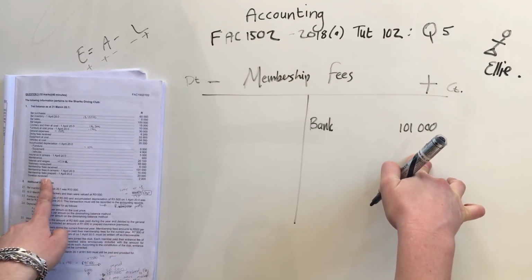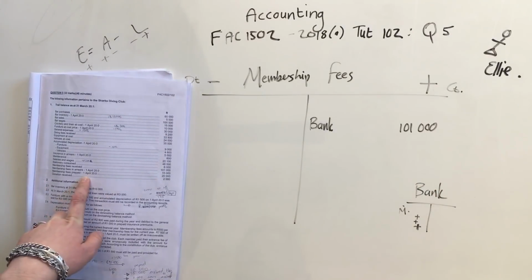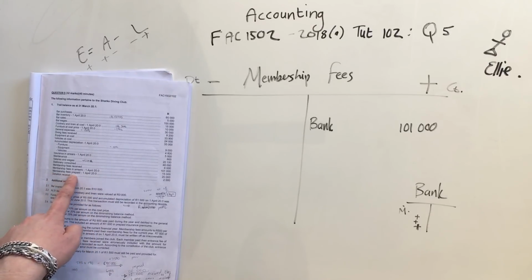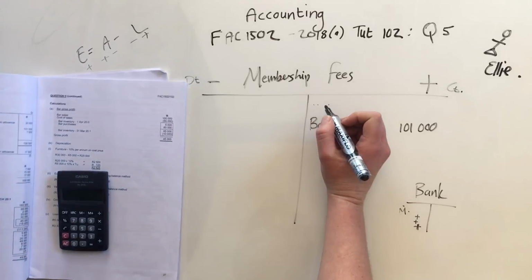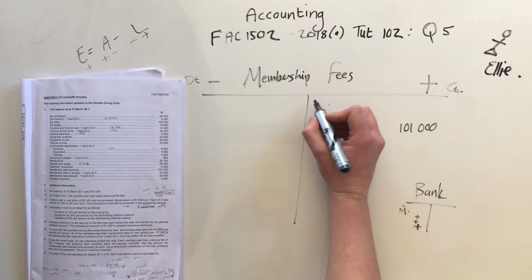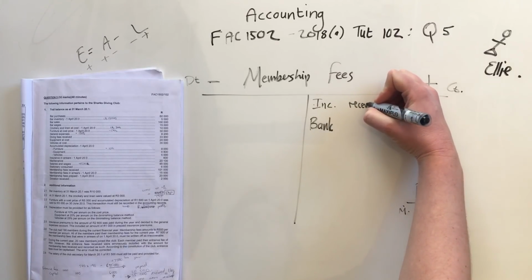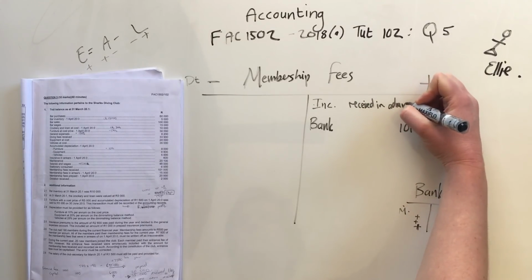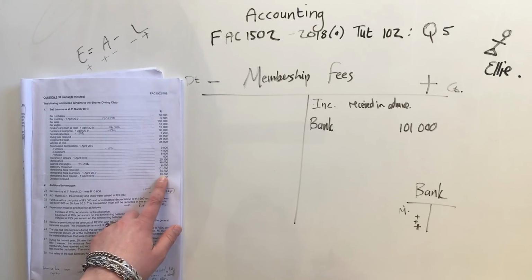Now the other thing we had here is the beginning of our financial year, 1st of April 2020. At the beginning of the financial year, there were prepaid membership fees. I want to write prepaid membership fees, but they call it income received in advance, membership fees prepaid, 20,000.